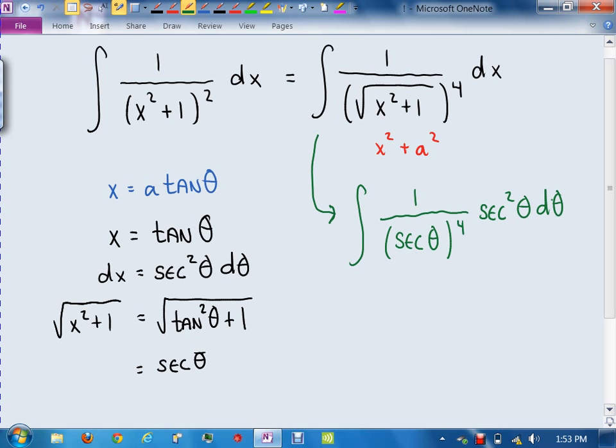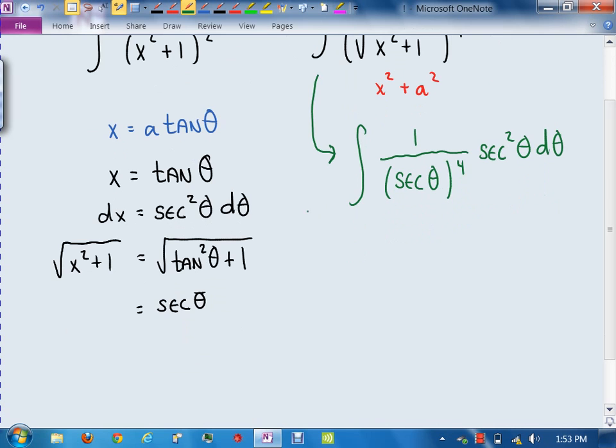Questions? What does that turn into? 1 over secant squared theta. But what is secant theta? Isn't it 1 over cosine? So isn't that just cosine squared theta? 1 over secant squared.